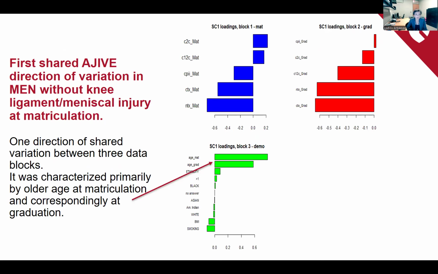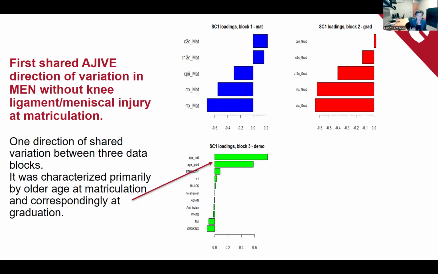So I will describe the results for the men sample and the results in females. They were similar, and remember that these people were selected because they were without injuries at matriculation. So we found one direction of shared variation between 3 data blocks, and it was primarily described by older age at matriculation and graduation.